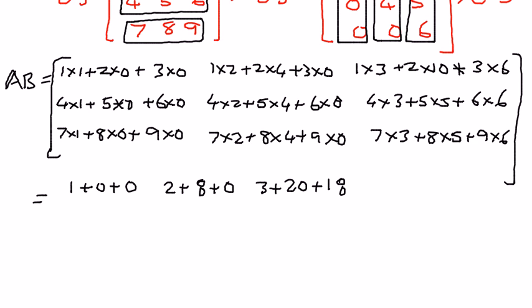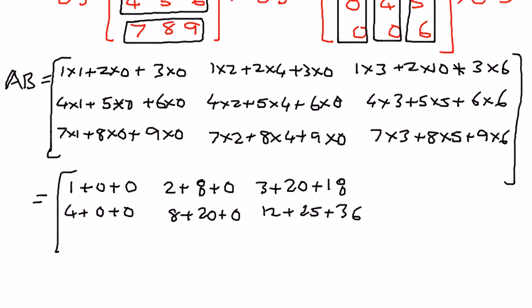Then next we have 4 times 1 is 4, plus 5 times 0 is 0, and 6 times 0 is 0. Then we have 4 times 2 is 8, plus 5 times 4 is 20, plus 6 times 0 is 0. Then we have 4 times 3 is 12, plus 5 times 5 is 25, plus 6 times 6 is 36.